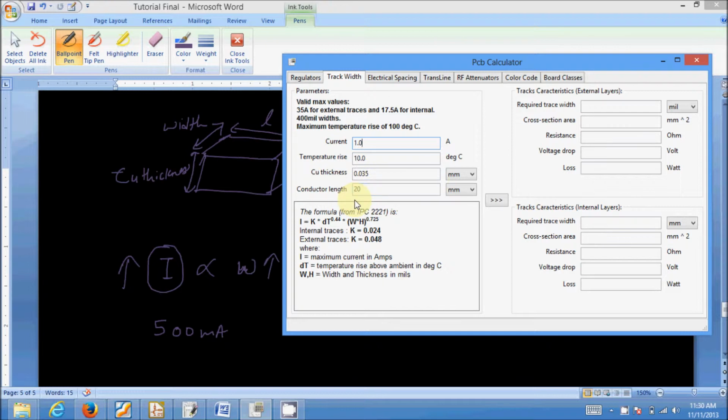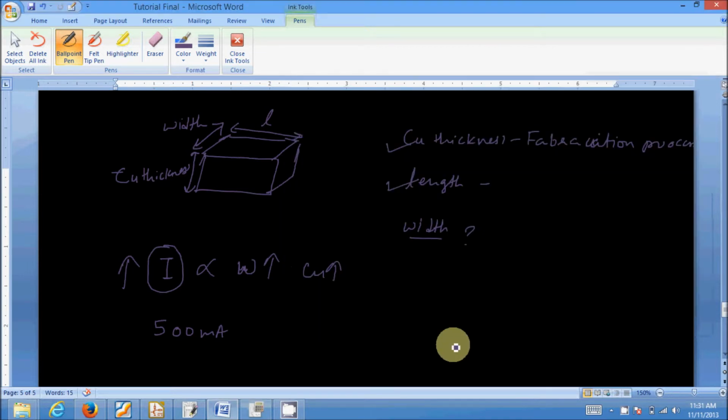The components are spaced 20 millimeters apart. Now if we see what is the minimum track width that is required, you would see that it is about 11.82 mils. So what does 11.82 mil mean?